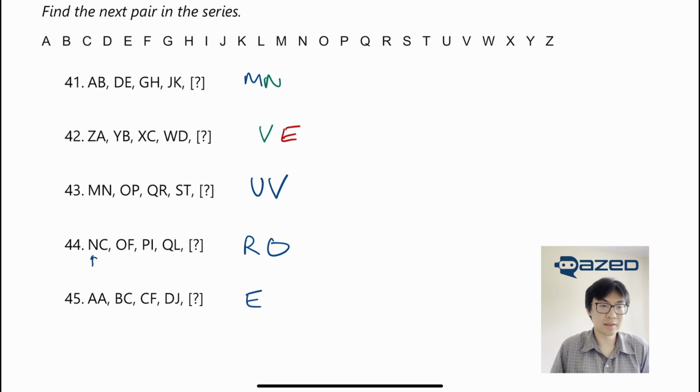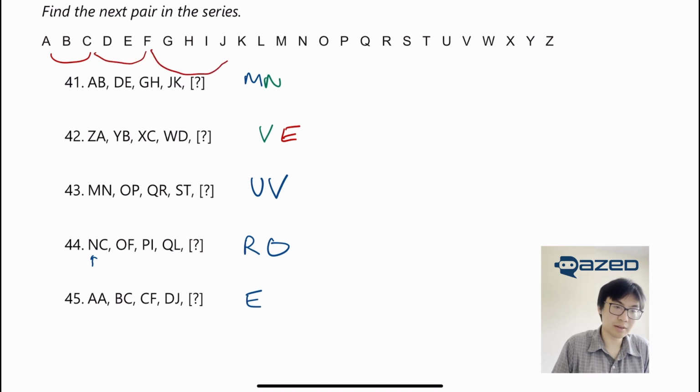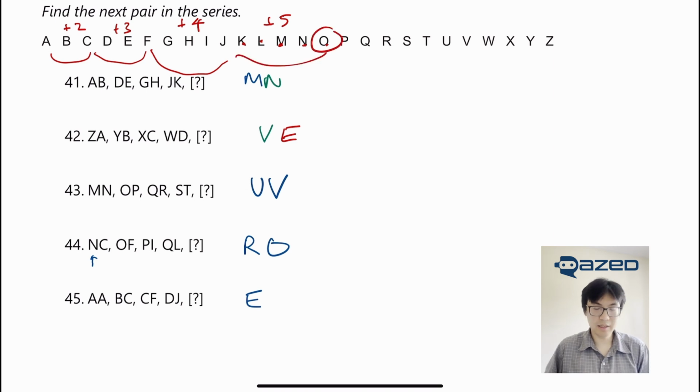So A to C, and then C to F, and then F to J. Alright, so we have +2 here. It moves +3, and it moves +4. So naturally, the next one will be +5. So it's 1, 2, 3, 4, 5. Jump to O. So we have EO as our answer. Great.